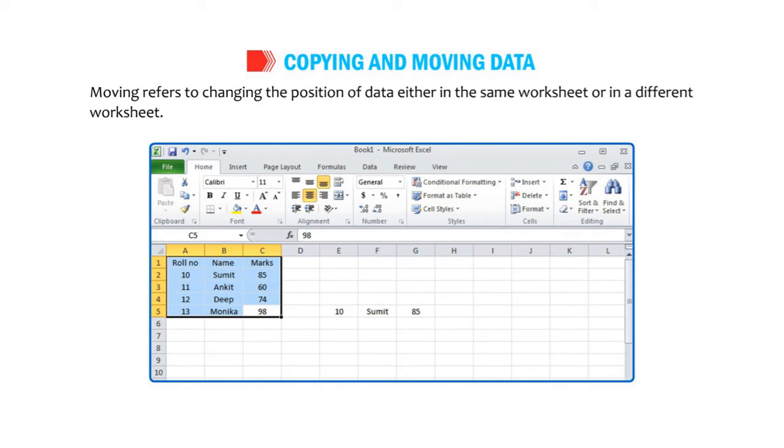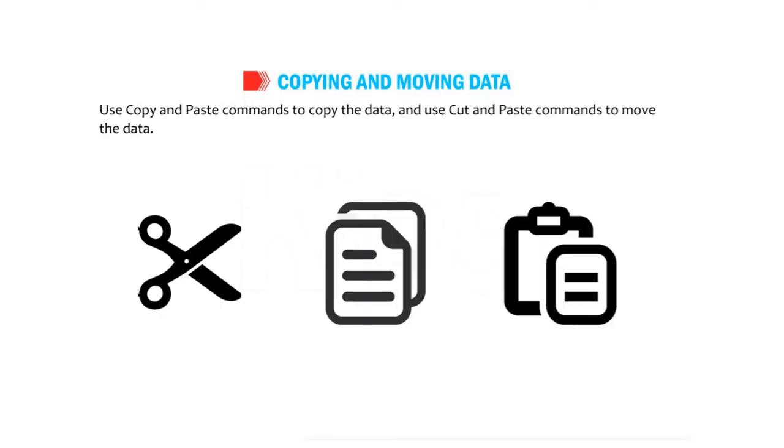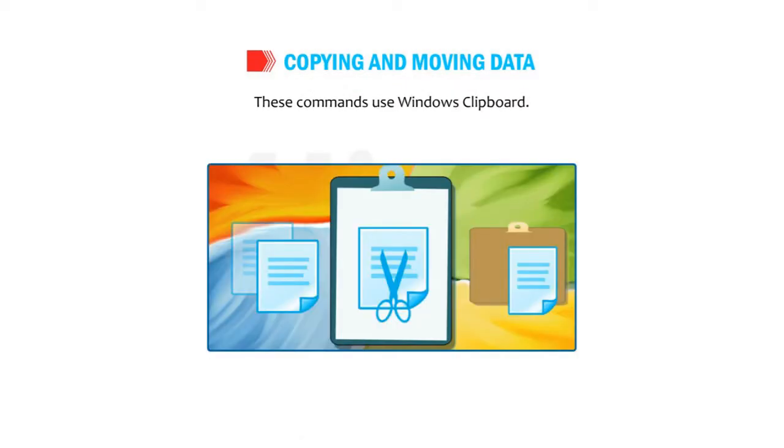Moving refers to changing the position of data either in the same worksheet or in a different worksheet. Use copy and paste commands to copy the data and use cut and paste commands to move the data. These commands use the Windows clipboard.